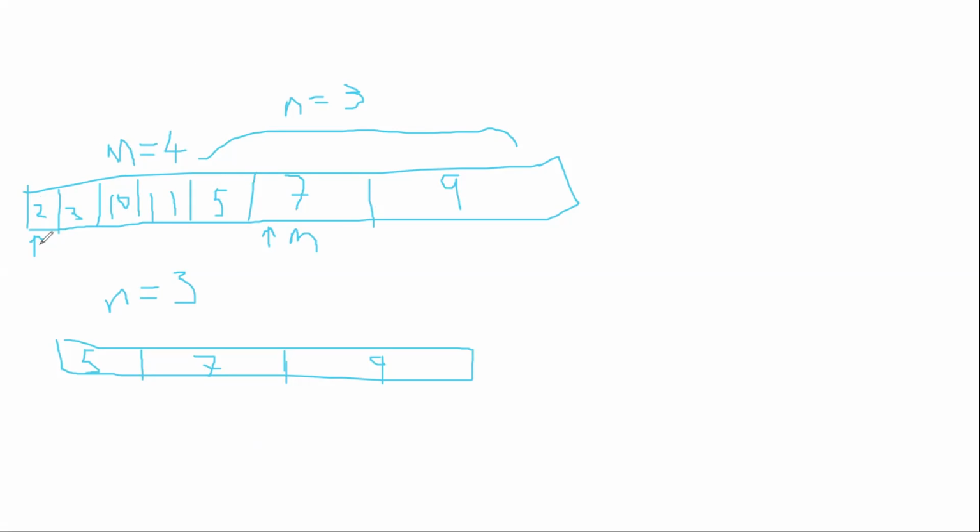Else we increment our pointer to 3, because we have to make sure that the smallest value comes at the start and these all are sorted. Since comparing these two, this is the smallest, that means this will be the smallest compared to all of these, because these all are already sorted, right?